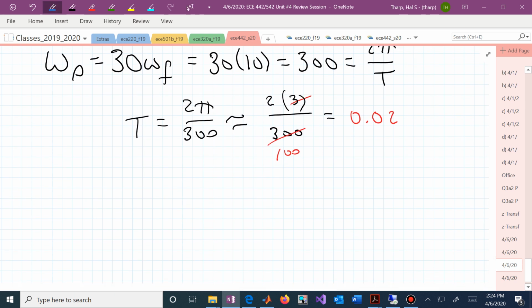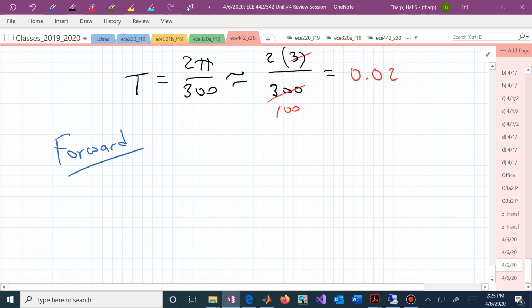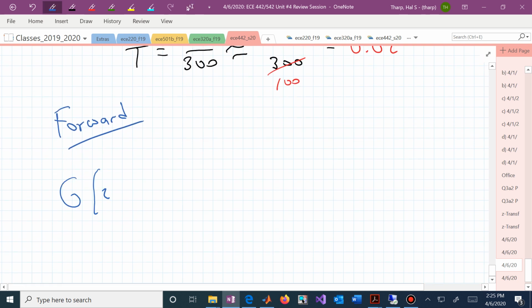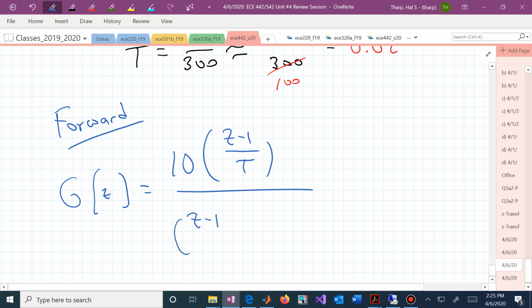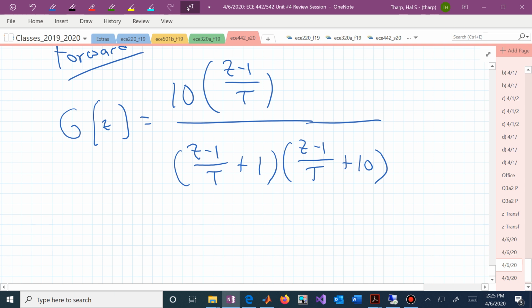The discrete equivalent using the forward strategy is accomplished by replacing everywhere we see the s with z minus 1 over capital T. And on the quiz, you may have to look at a particular expression.